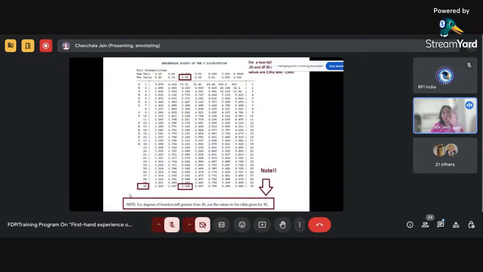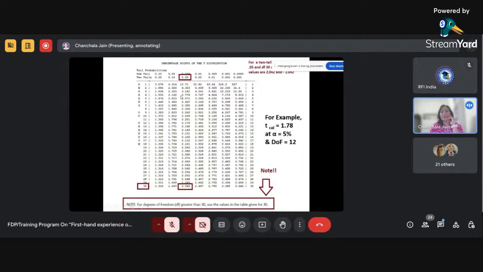Suppose I take one example for you. You need to assume that, using your data, you have calculated the T value, and suppose it is coming as 1.78, and you are testing your hypothesis at the 5% level of significance, and suppose the degrees of freedom is coming as 12, right?